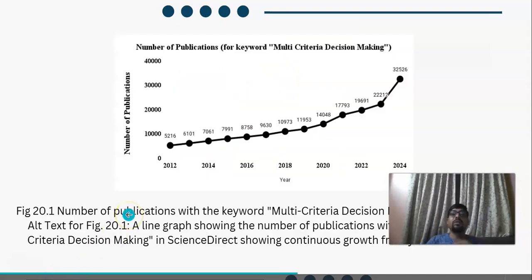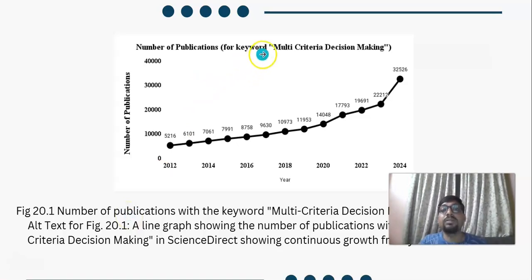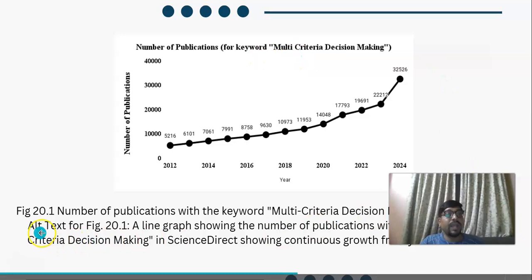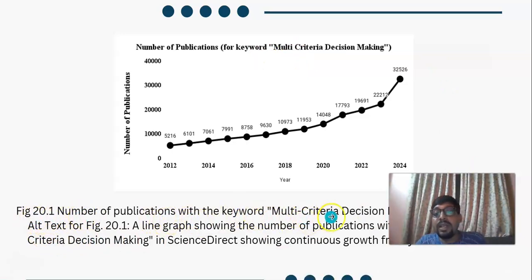Now the next one, this is a line graph. It is a line graph showing the number of publications for the keyword multi-criteria decision making in Science Direct. So here the figure caption is: number of publications with the keyword multi-criteria decision making in Science Direct. This is the caption.